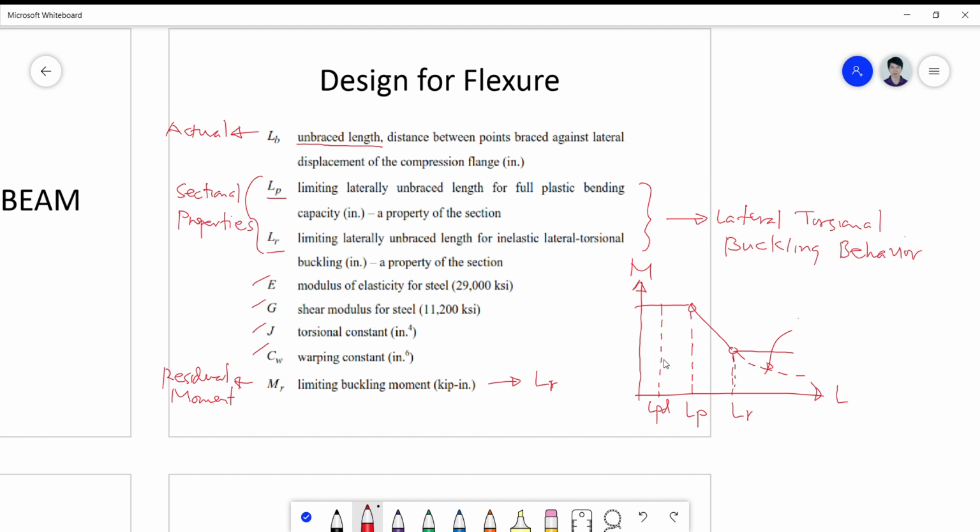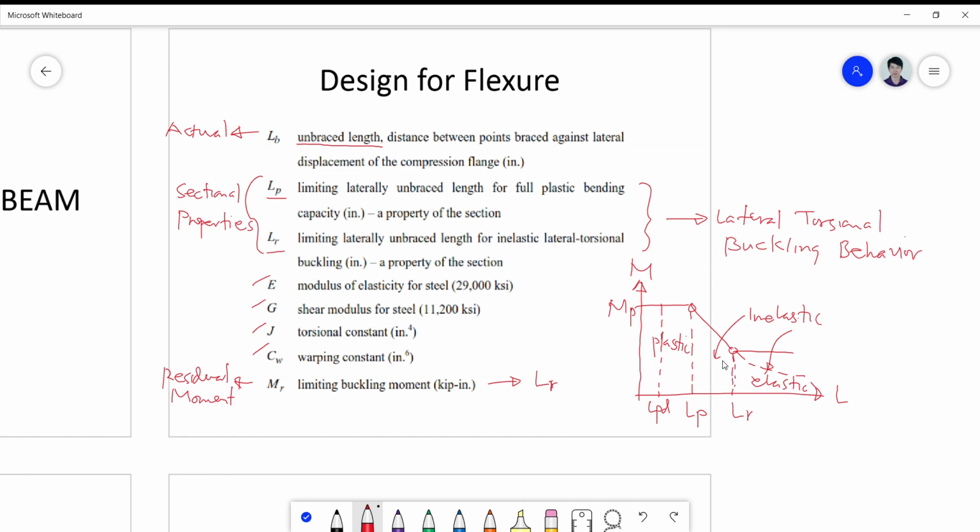So our regions will be, of course, your plastic, your inelastic and your elastic region.